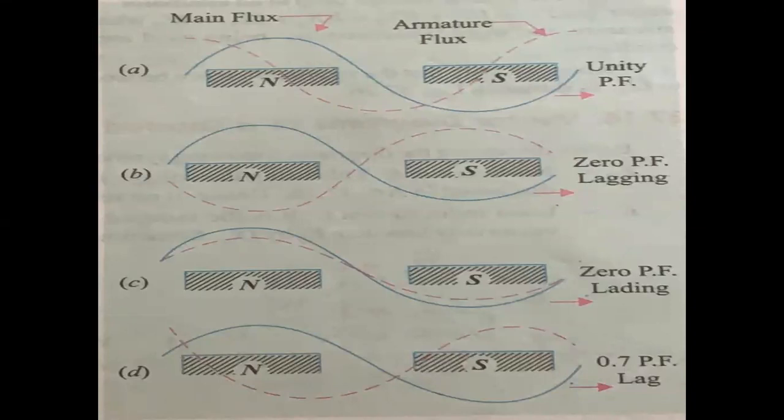Okay, so with the result that weakening of main flux, there will be less EMF, so less terminal voltage. To keep the value of this generated EMF the same, the field excitation has to be increased to compensate for this weakening. However much the flux is weakened, we have to add extra field excitation to compensate for the weakening flux.